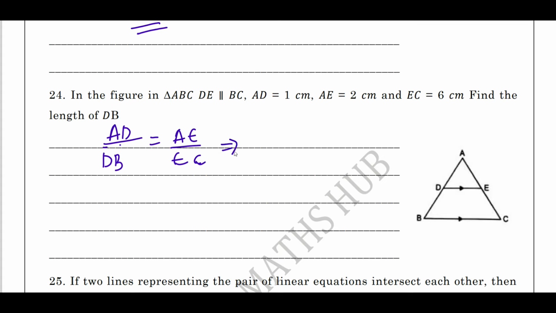So AD is 1, DB we need to find out as it is, AE is 2 and EC is 6. 2 1s are 2, 2 3s are 6. Cross multiply, DB into 1 is DB, 3 into 1 is 3. Therefore DB is 3 centimeter.